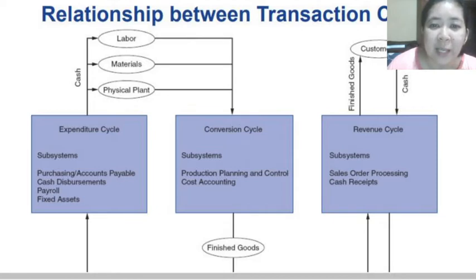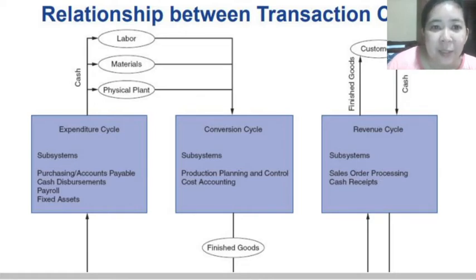Aside from cash, they can also acquire these necessary elements through credit if they will be allowed. But basically, cash is the main source of putting together these elements.